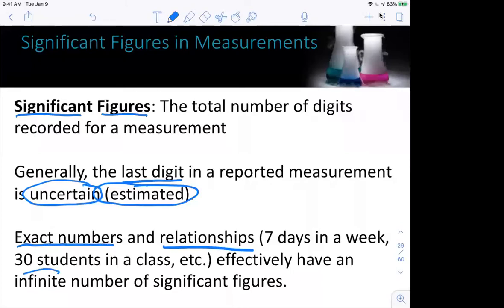These numbers are said to have an infinite number of significant figures, which basically means that they don't count when I use my rules and calculations for significant figures. They're not going to be used in order to figure out how many significant figures I report in my calculated number.